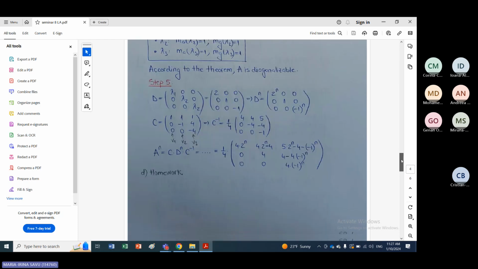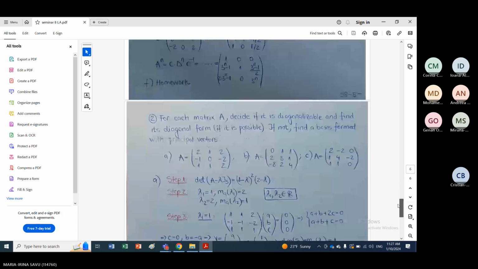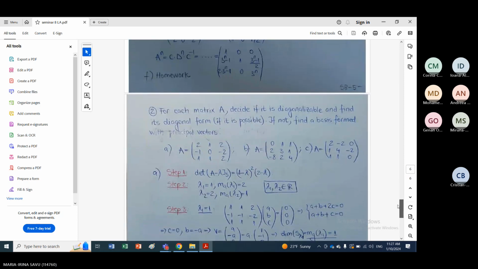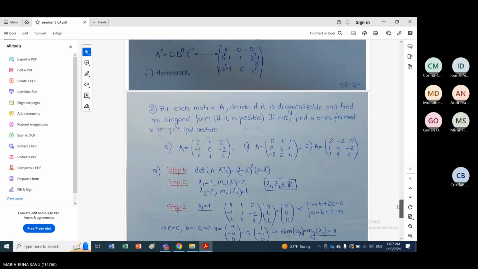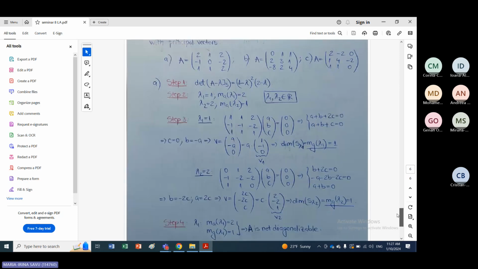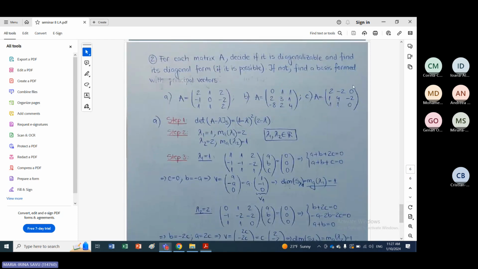Here, exercise C. Let's see. And see what, in this case you cannot analyze the facts because in this case you have MG less than MA.